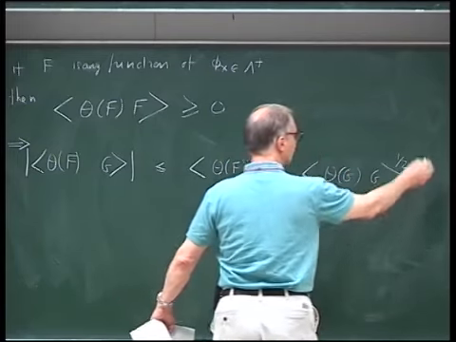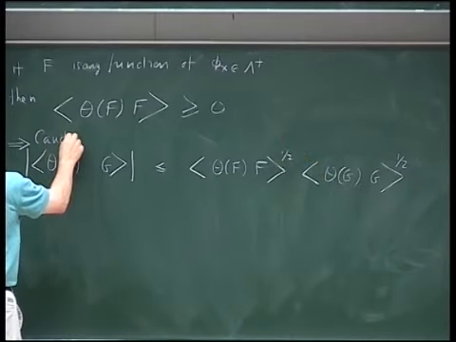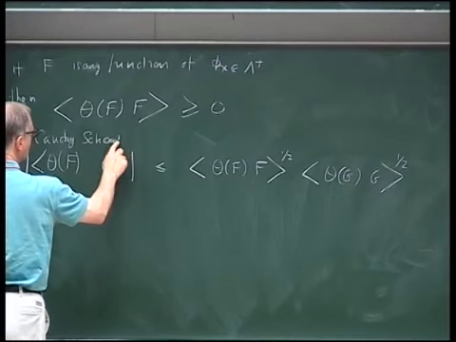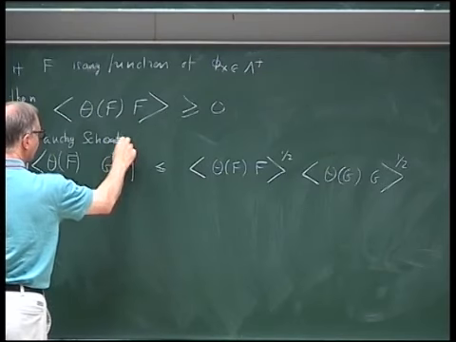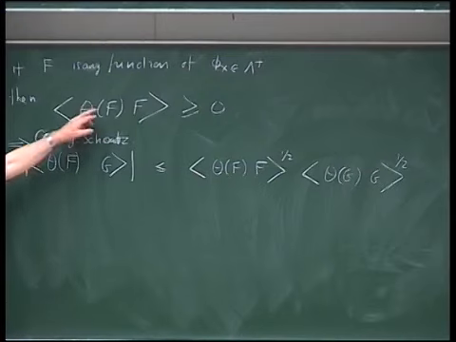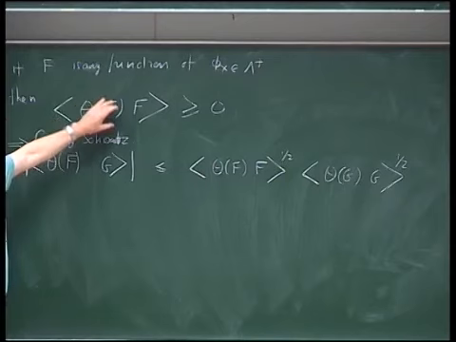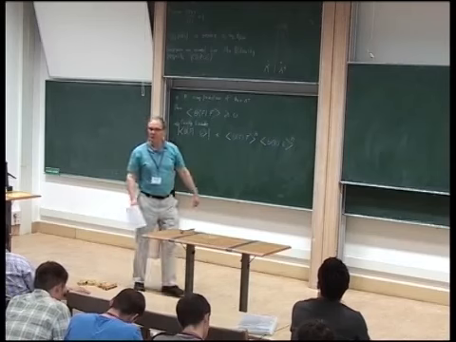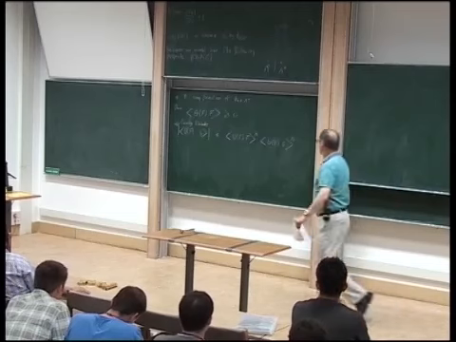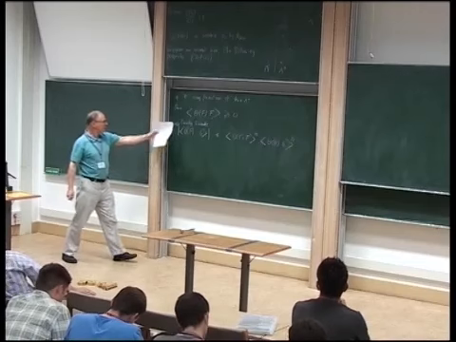So this is the Cauchy-Schwarz inequality. I'm not going to tell you how you get that, but basically what you do is to just apply this to the case where f is f plus g and f minus g, and square it out and get something like that. So there's a little step here where I'm missing some details, but you get it from here.